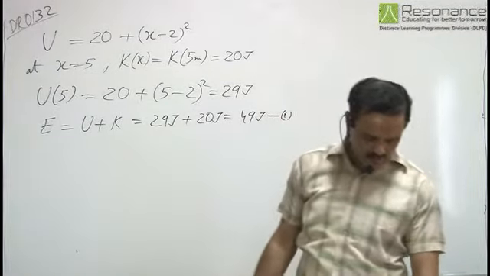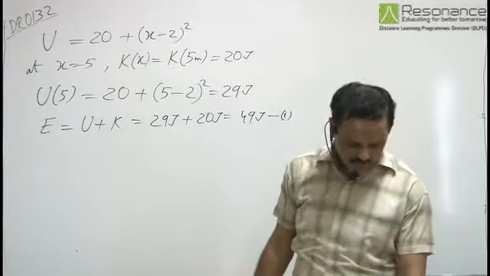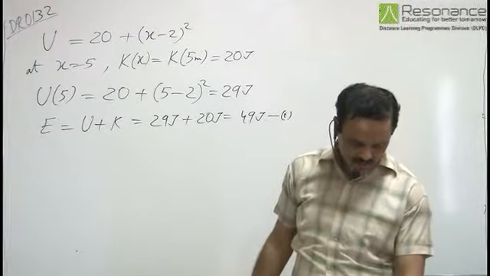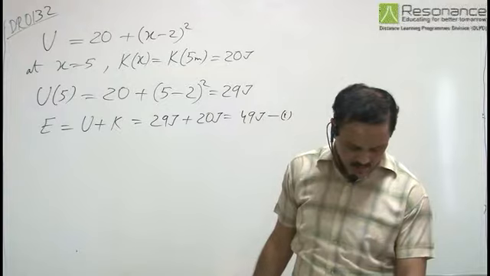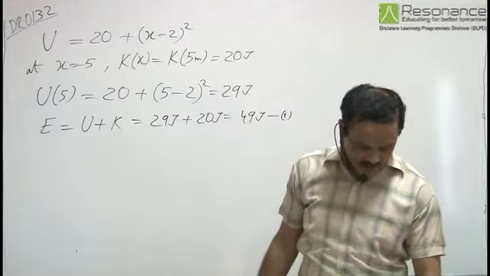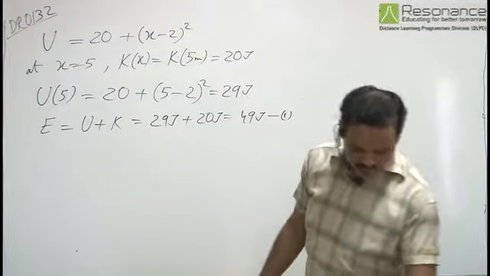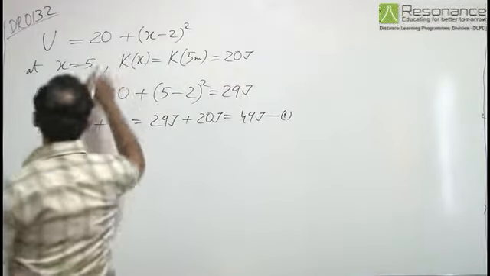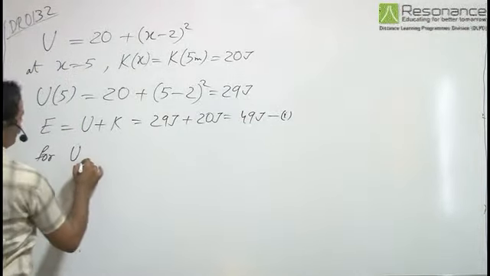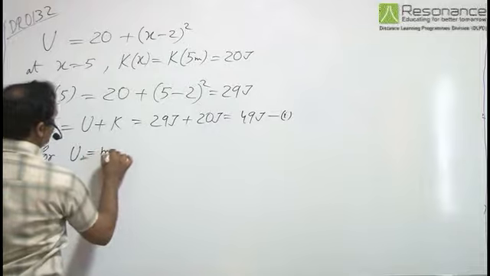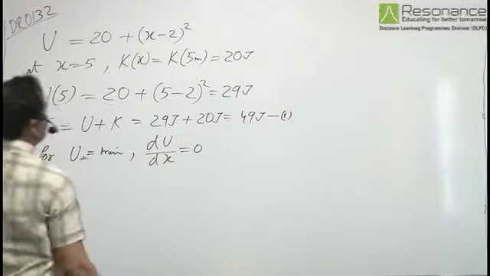In the second part, it is asked to make a plot of U(x) as a function of x from minus 10 meters to plus 10 meters, and on the same graph draw the line that represents the mechanical energy of the system. Now this is U. For U to be minimum, dU by dx has to be equal to 0.